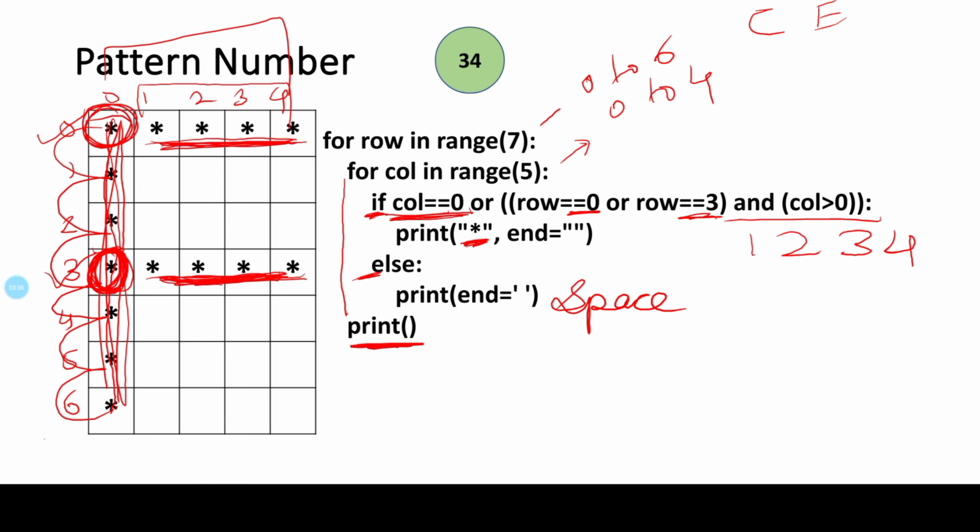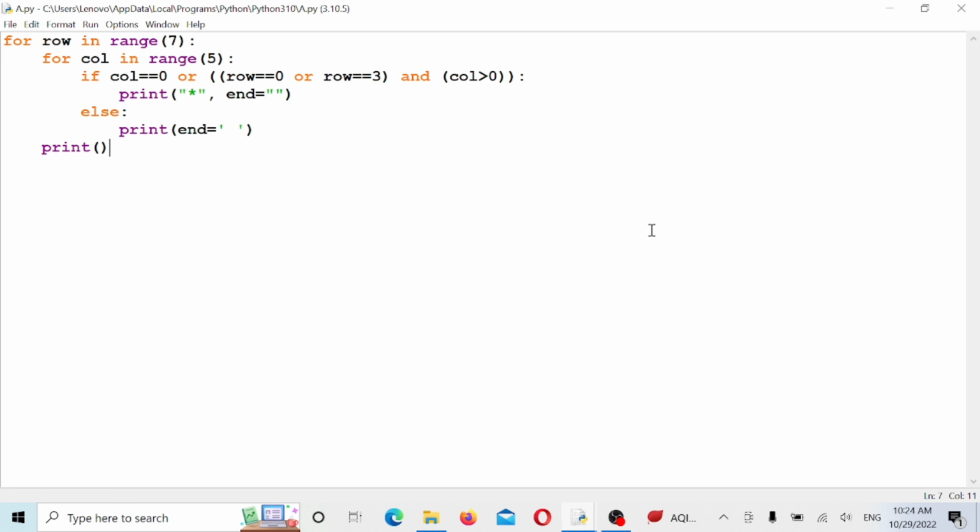Let us go to the Python screen and see whether this particular code is giving us the same pattern or not. So this is the code for capital letter F with 2 nested for loops: row range equal to 7, that is 0 to 6, and column range equal to 5, that is 0 to 4. Talking about the if condition, we want stars when the column is equal to 0 and when the row is equal to 0 and 3, plus we do not want to overwrite the stars of column 0.